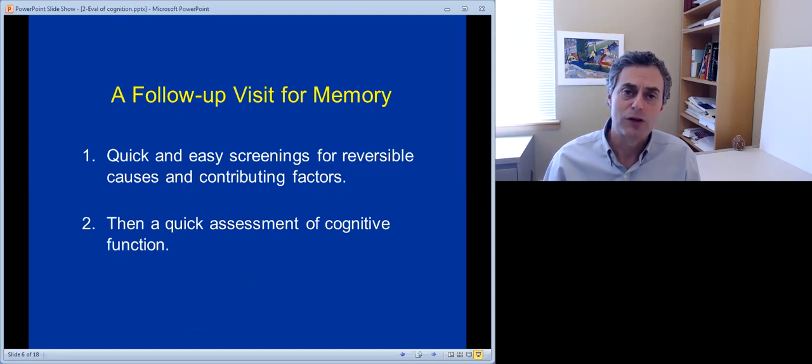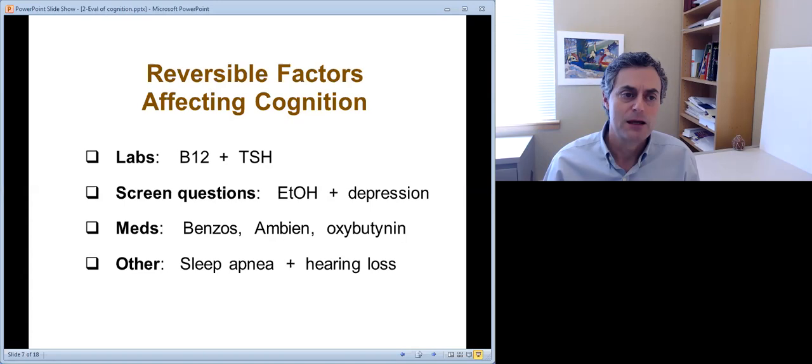There's really two segments to a visit like this. The first is to do the quick and easy screenings for reversible causes and contributing factors, and then do a quick assessment of cognitive function, which you can do in a primary care setting. In terms of the reversible causes affecting cognition, the two easy ones that we probably all remember from medical school are to look for reversible causes of cognitive impairment.